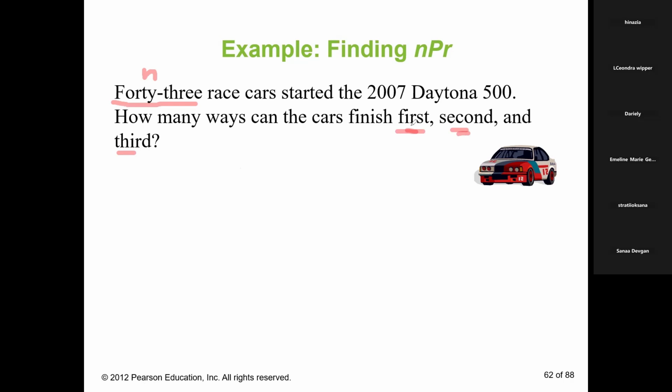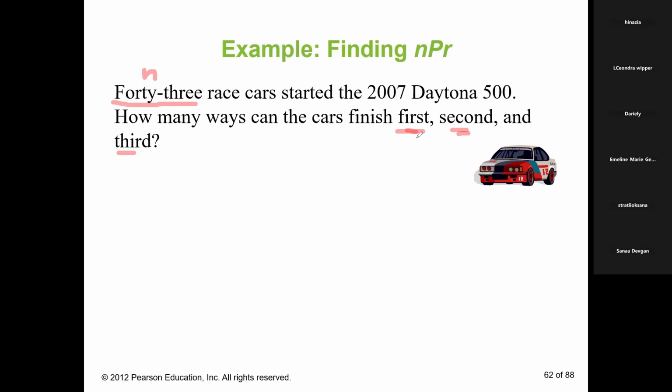So here there is order. Therefore, we're going to use permutation. Why did I say there is order? There is a first, there is a second, there is a third. So order. Got it? Now, if they said two cars finish first, there would be no order.